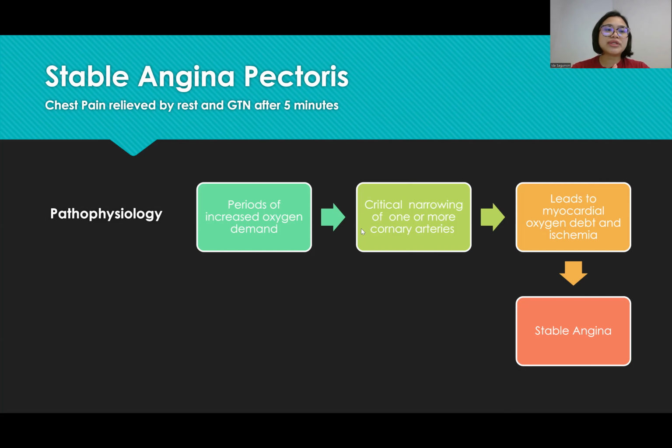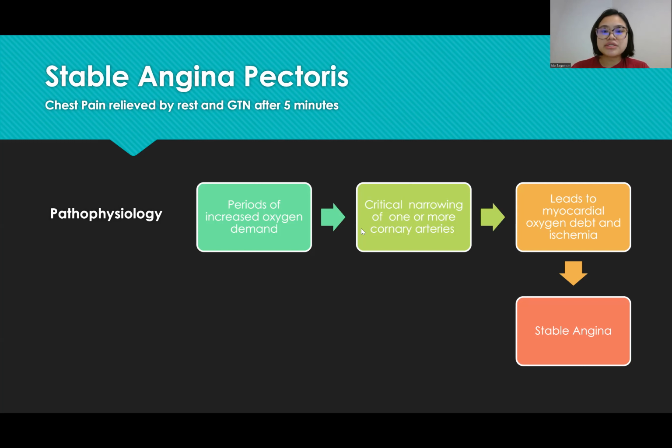So what is the pathophysiology of stable angina pectoris? How does it cause chest pain or angina? It starts with increased oxygen demand, like when there's increased preload or increased ventricular volume. It can also start after increased afterload or high blood pressure, and these things cause increased oxygen demand.